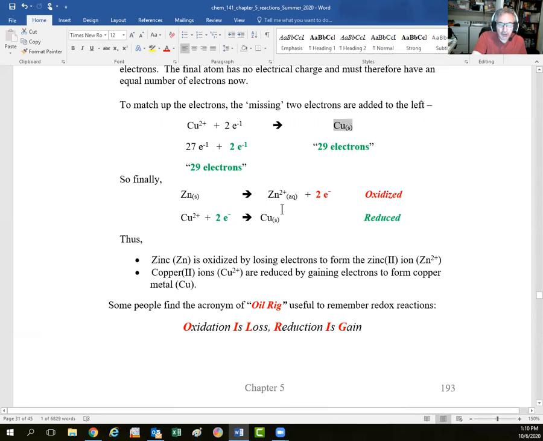And so here's an important thing to consider with these redox reactions. Total electrons being given away by the oxidized chemical is equal to the total electrons being gained by the chemical being reduced, because it is an electron transfer from the zinc to the copper.